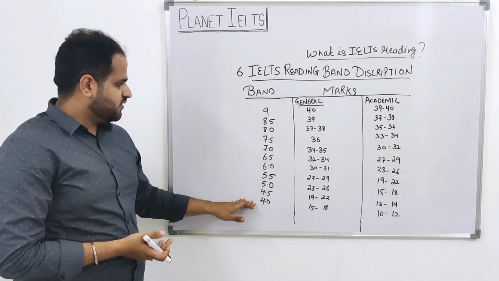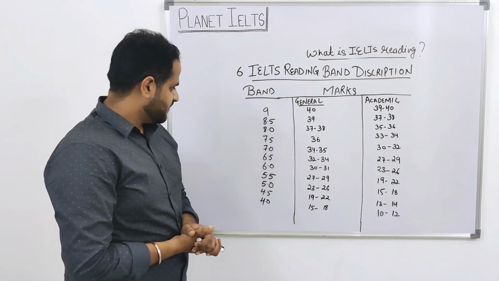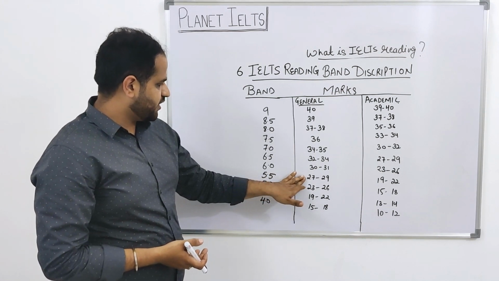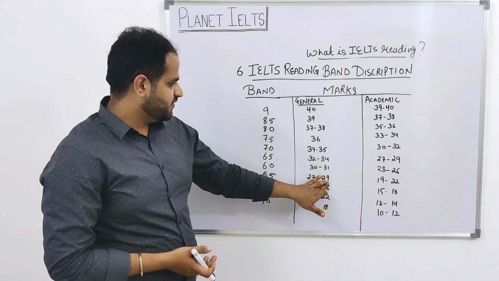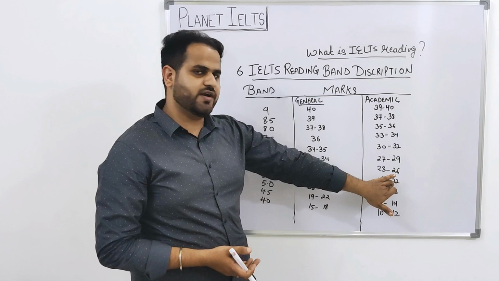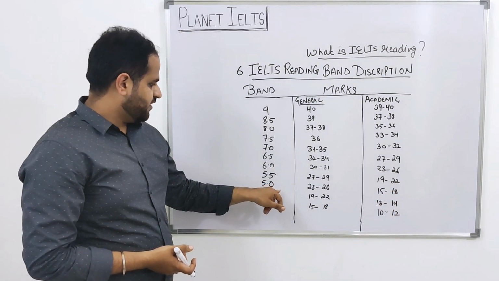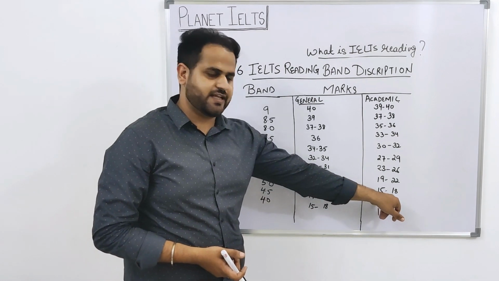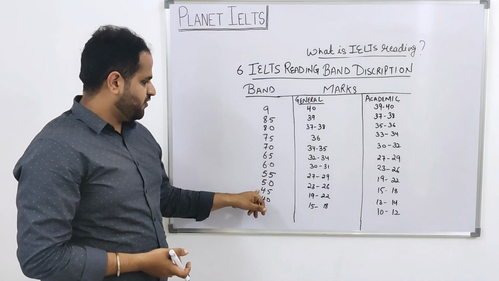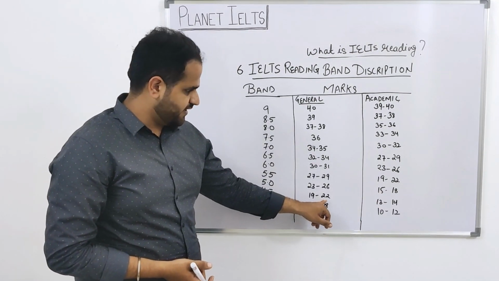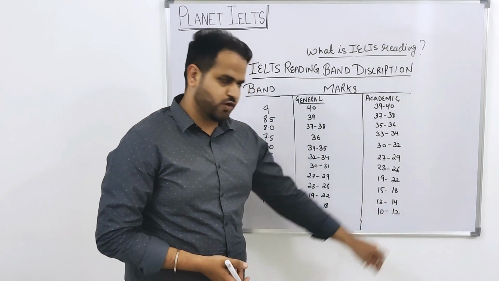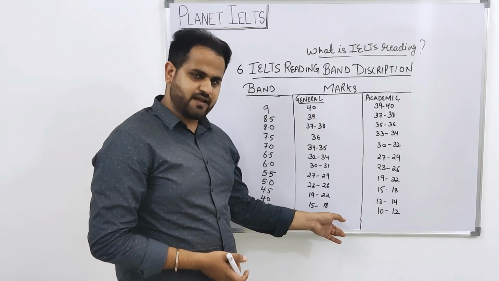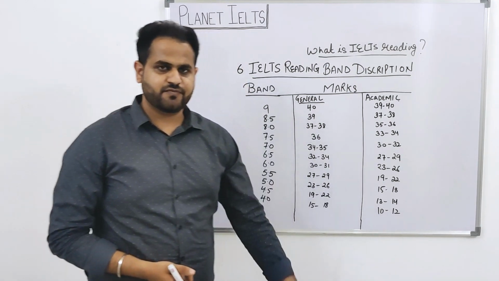And if you move down, the trend is same. For example, 5.5 band, in general, it requires 27 to 29, whereas in academic, 19 to 22. And for 5 bands, 23 to 26, in academic, 15 to 18. 4.5, 19 to 22, and in academic, 13 to 14. 4 band, 15 to 18, and in academic, 10 to 12.